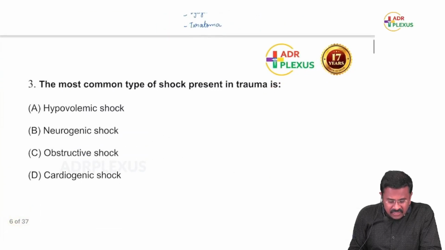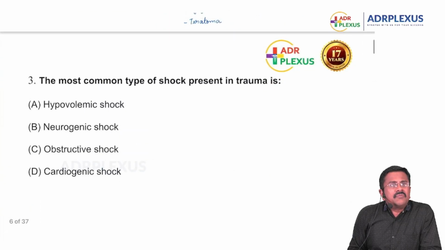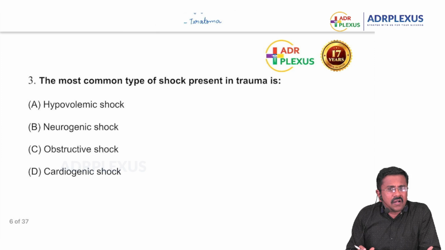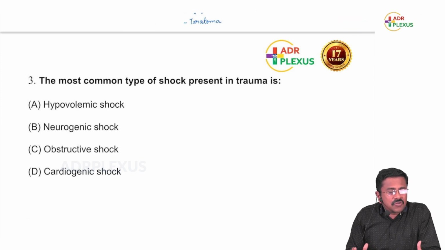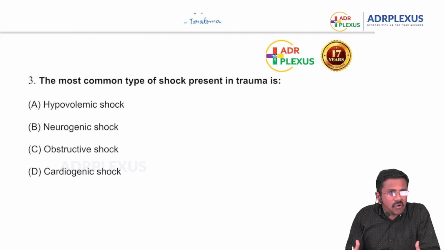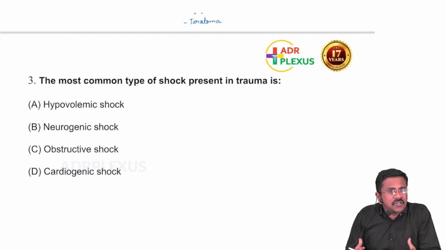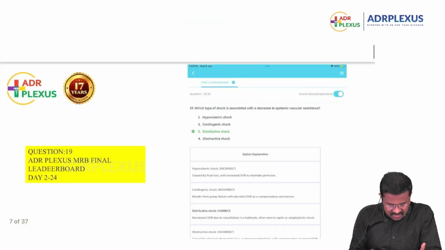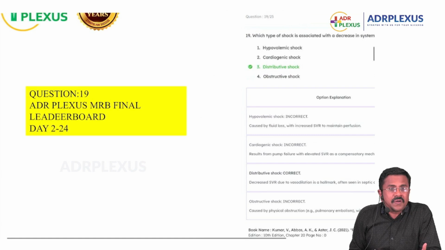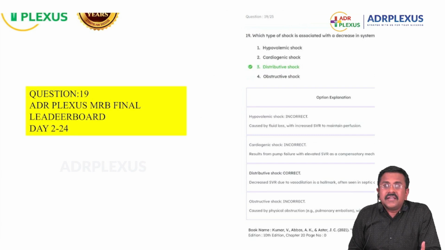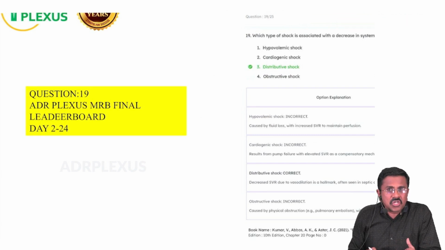Now let's move on to the third question. The most common type of shock present in trauma. In trauma, you usually expect heavy blood loss, so there will be a fluid loss. The options given are hypovolemic shock, neurogenic shock, obstructive shock and cardiogenic shock. Let's see the question which we discussed in our leaderboard day 2 and 24, where we discussed the different types of shock.